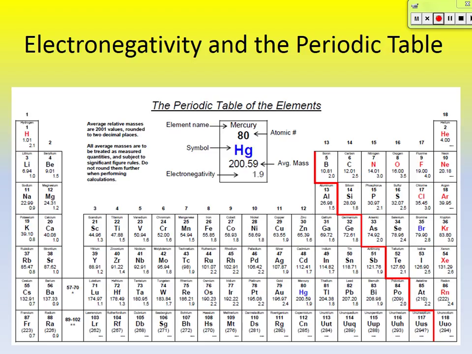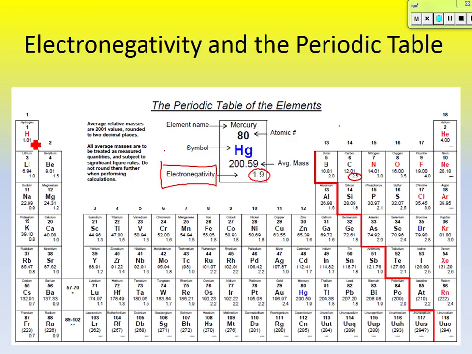Now if you look at the key here, electronegativity is the bottom right number on all of these squares. So I'm going to quiz you for a second. This is so important that you know how to find these. What is the electronegativity value for carbon? 2.5. Good. So we look up carbon right here. It's this lower right number, 2.5.